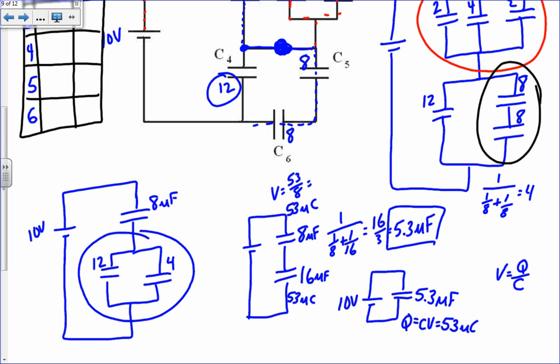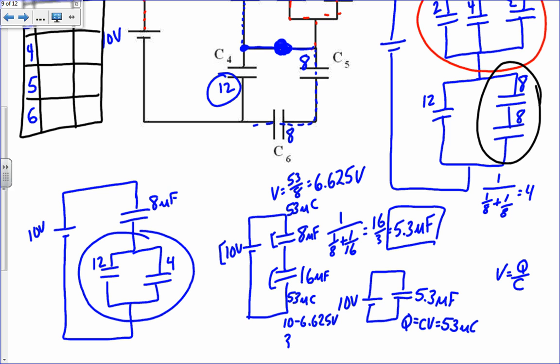Which is 6.625 volts. So it's 10 volts. Here, I can either say 53 over 16, or I can say 10 minus 6.625 volts, because I know that the voltage of this capacitor and the voltage of this capacitor must add up to equal 10 volts.